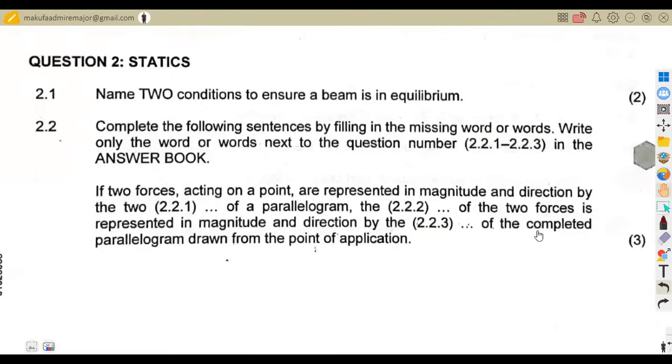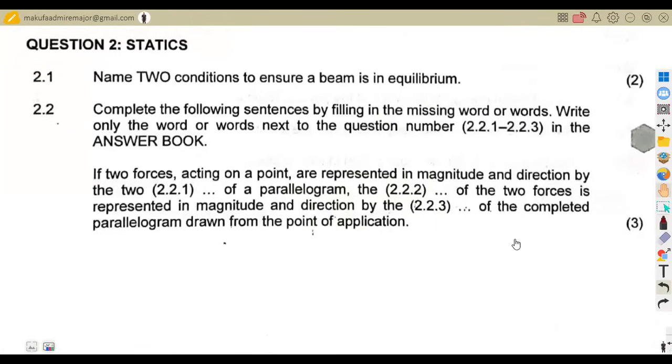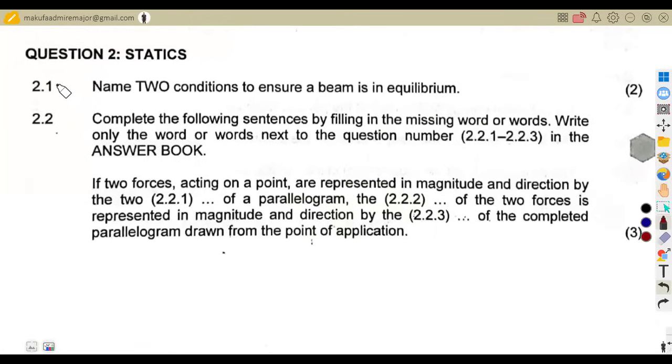Then let us move on to question 2, which was on statics. There we are given on 2.1, name 2 conditions to ensure a beam is in equilibrium. If we are saying that a beam is in equilibrium, what are the conditions? All right, so there, remember, we talk about the issue of the moments. I'm just going to write in short, guys, but you're supposed to write this in full.